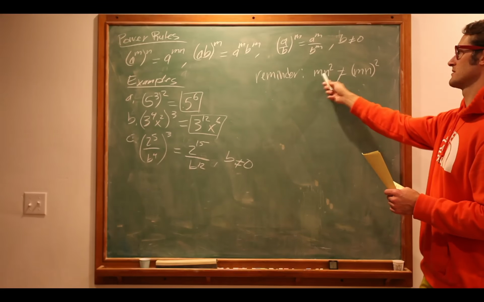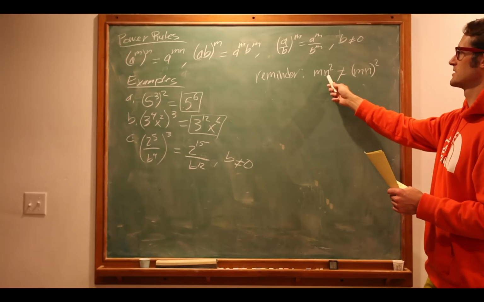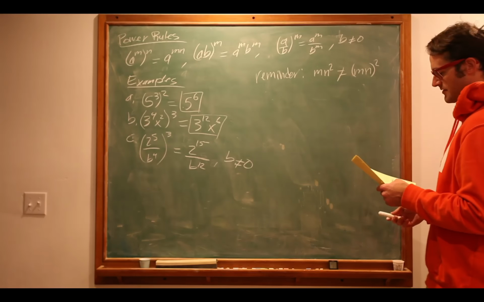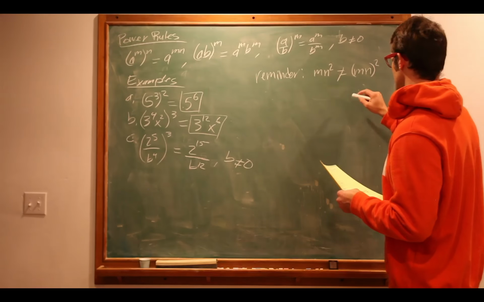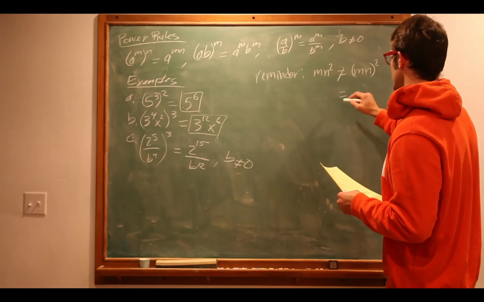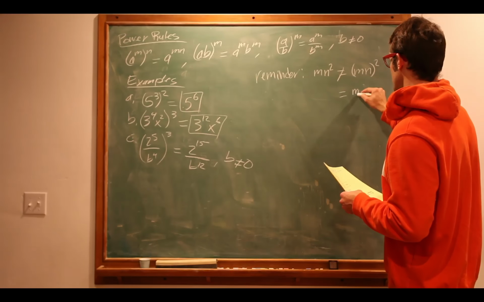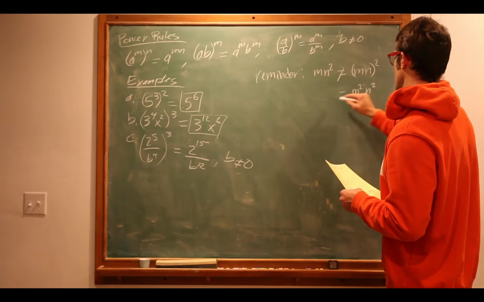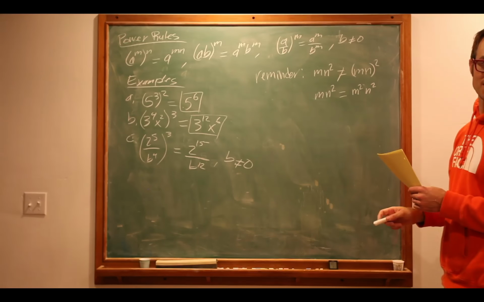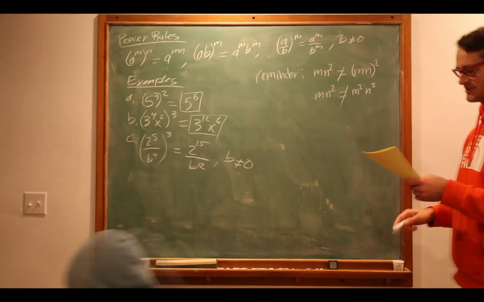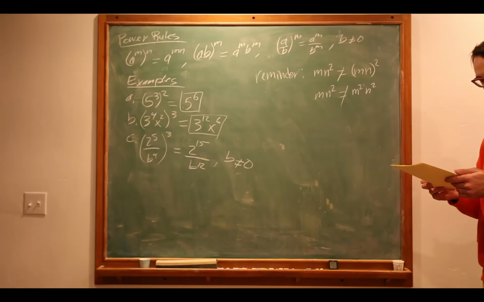In the other one, it's already defined, so it's just m times n squared. Totally different thing. I'll expand this just to show it more clearly. Would this be true? No, that would definitely not be true. So it's not equal.